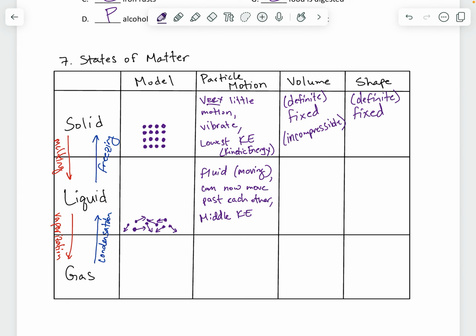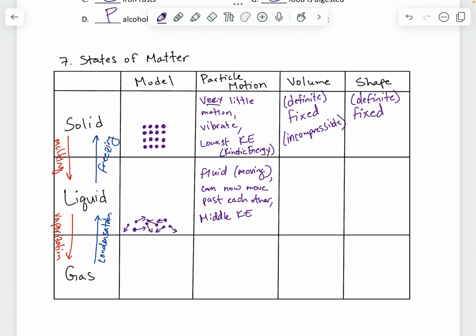The midpoint kinetic energy, if you wanted to kind of say that. And then the volume, of course, if I have a liquid, and let's say a gallon of milk, right? Milk is a liquid, we know that. We know that wherever the milk is, it takes the shape of its container, right? If it's a gallon or a carton.